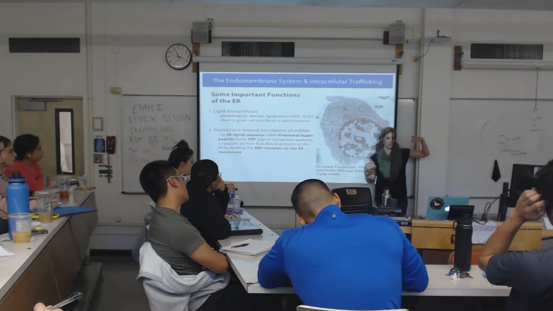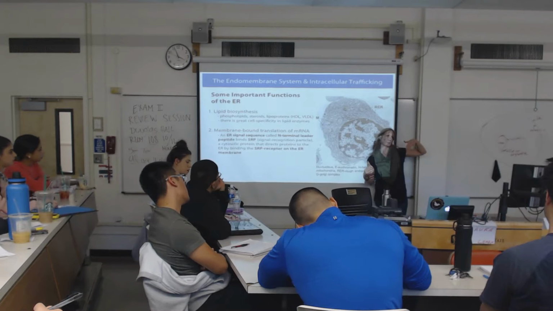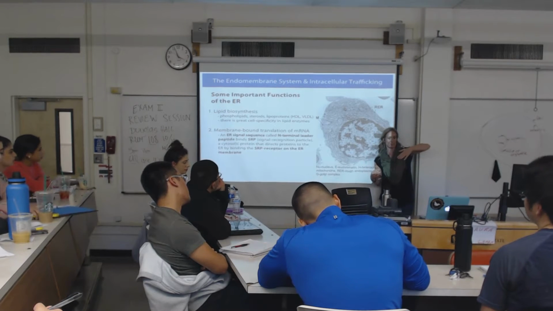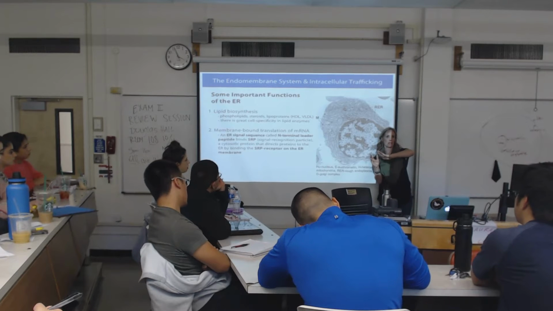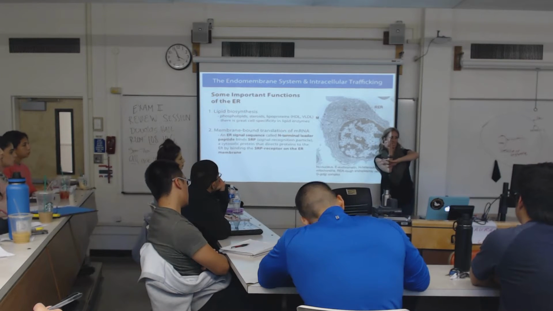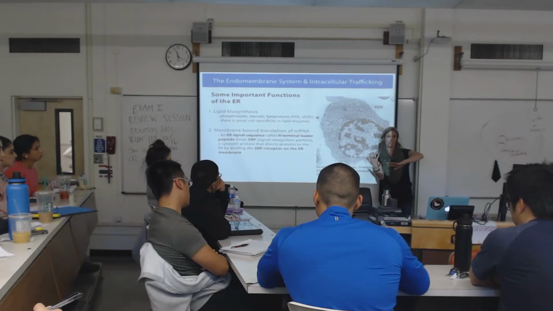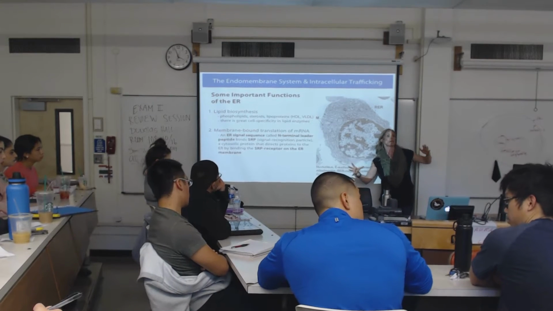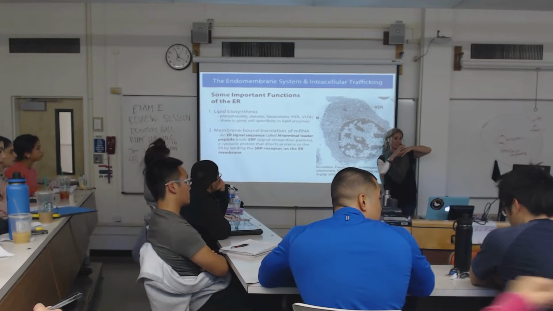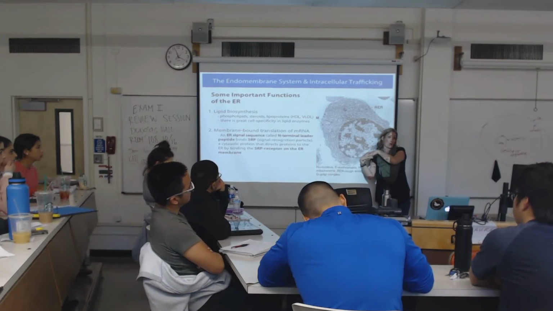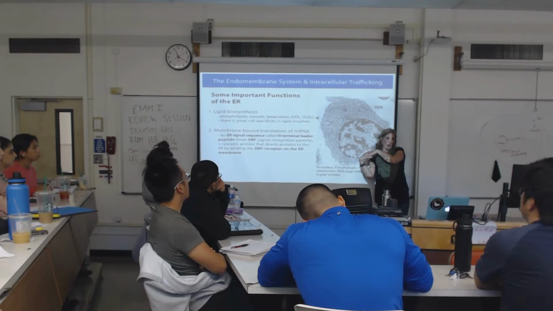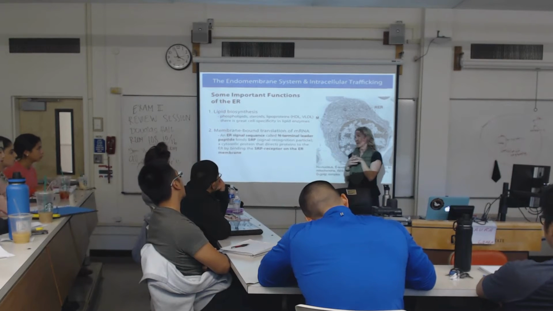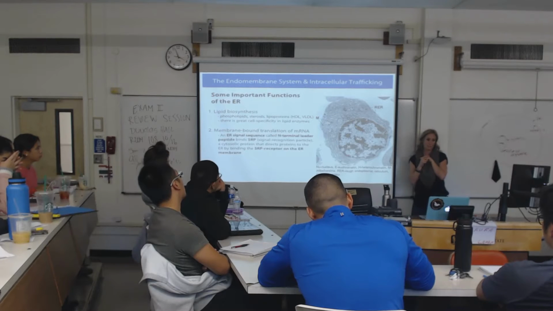What happens is it is oftentimes right at the N-terminus. Not always, but oftentimes. As that peptide is synthesized, the first thing that emanates from the ribosome is that ER signal sequence. SRP is a protein that's just hanging out in the cytosol. It binds to that sequence and helps transport the ribosome to the ER membrane, and it docks on a receptor on the ER called the SRP receptor.